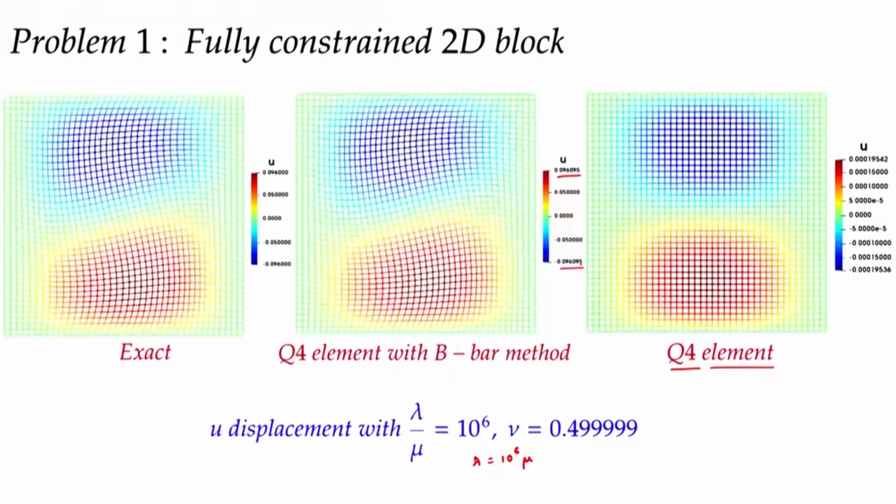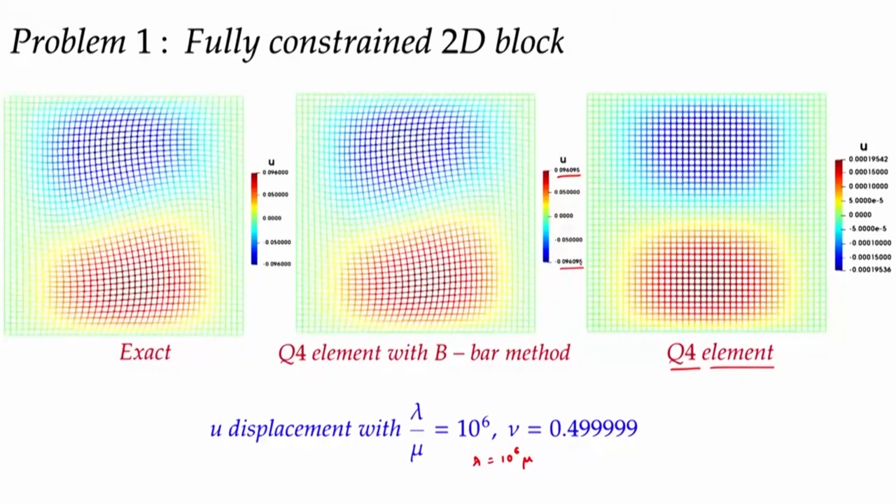So the B-bar method plays a role here for the incompressibility constraint. This is one example where the B-bar method is useful for simulating finite elements, and with mesh refinement, you will not be able to alleviate this incompressibility constraint in this problem.